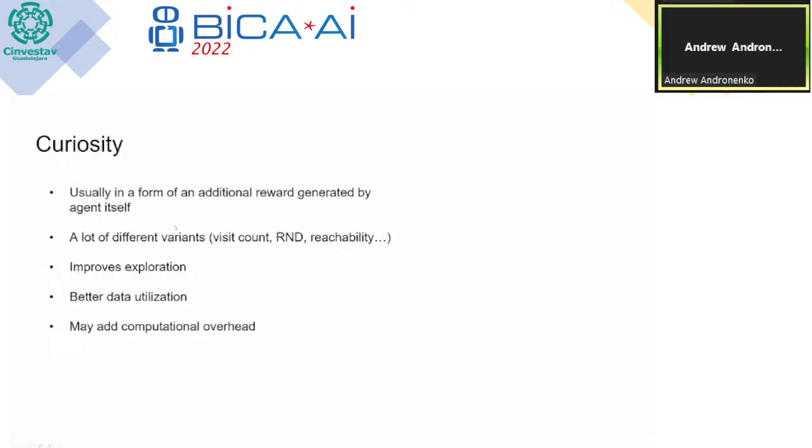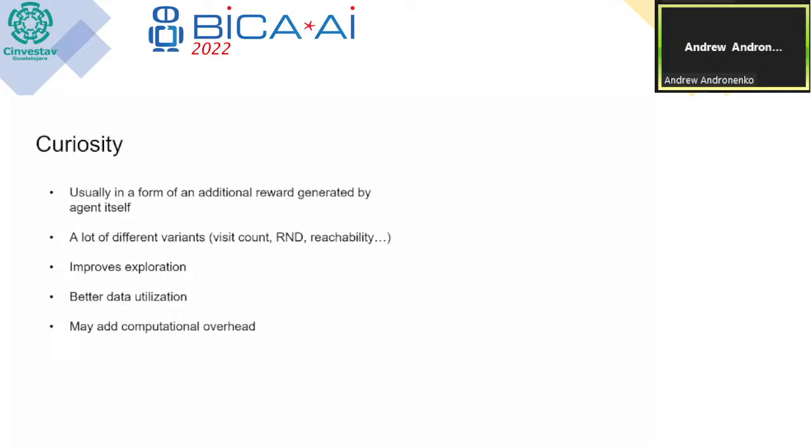One solution for these problems is curiosity mechanisms. Curiosity is often implemented in the form of an additional reward generated by the agent itself. I'll call it the internal reward.